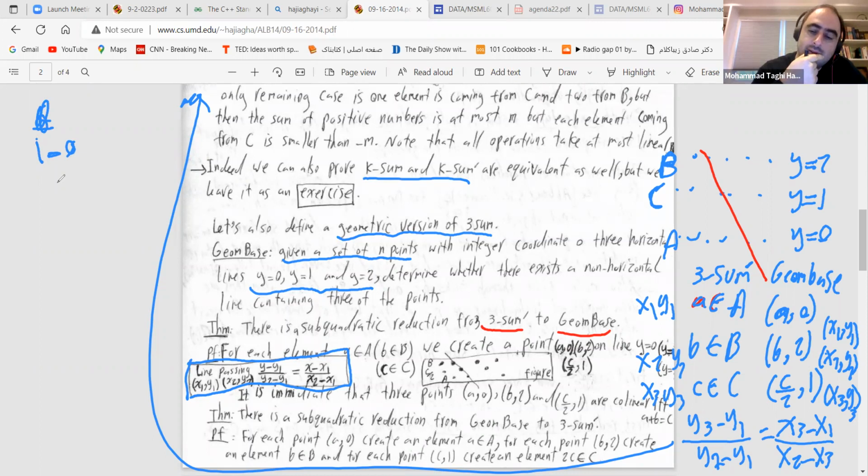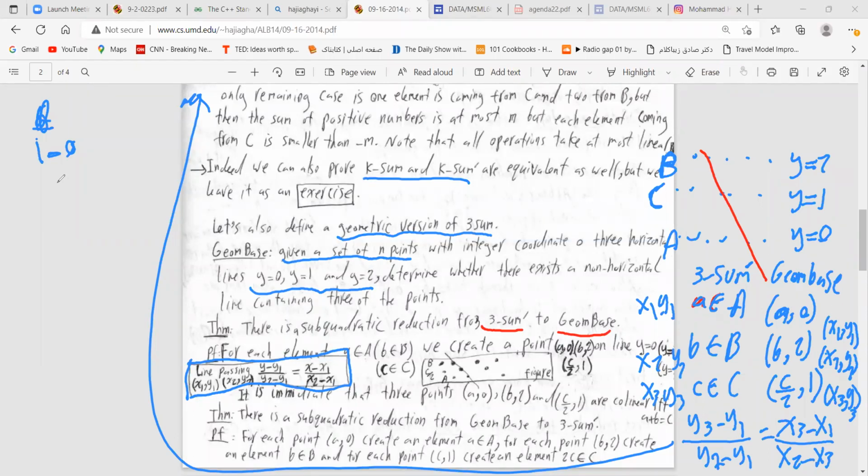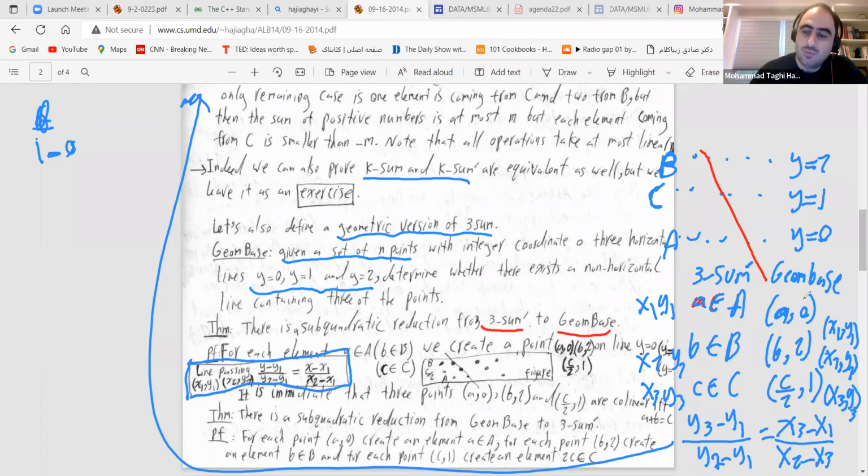Please unmute and answer. Two. Yeah, because y2 minus 0 would be 2 minus 0. Now, what is x3 minus x1?